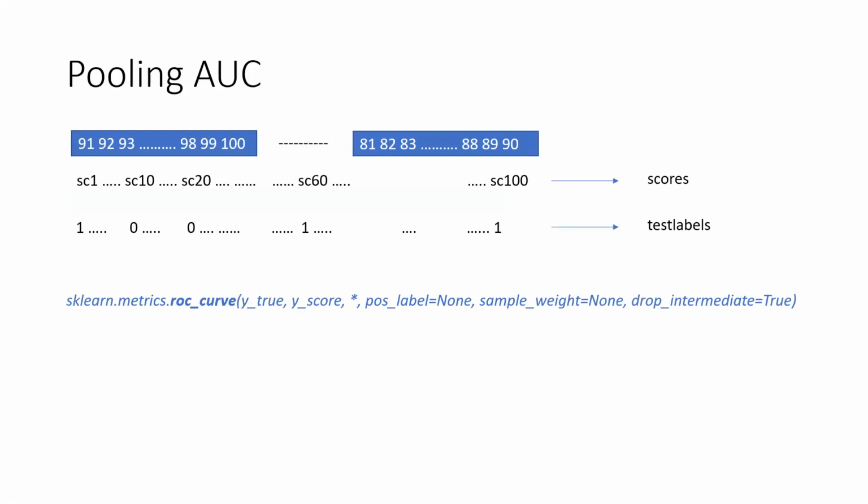Now in Python, it's very easy, but it is also important to use the right function. In sklearn.metrics, you have this roc_curve function. There are other ROC functions as well, but I like this one because not only does it take the labels and the scores, but you can tell which class is of your interest.